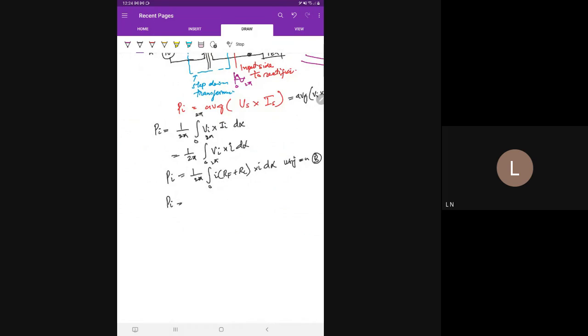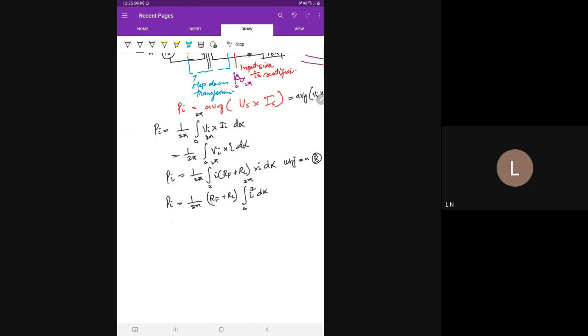So Pi will be equal to 1 by 2 pi 0 to 2 pi. Then you have, okay, 1 by 2 pi. Rf plus RL are constant. They will be taken out. And inside we will be left with 0 to 2 pi integration I square d alpha.